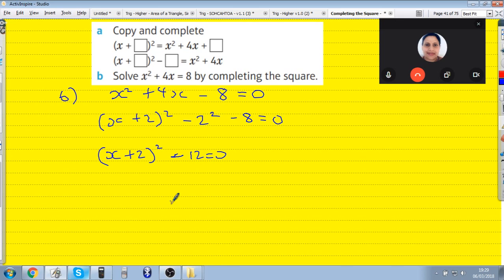And then x is plus or minus root 12 minus 2. That's fine. What if they wanted that to 3 decimal places? You just find the root of 12 and then you minus 2 from that, and then you have a solution. And how would you get the two different answers?